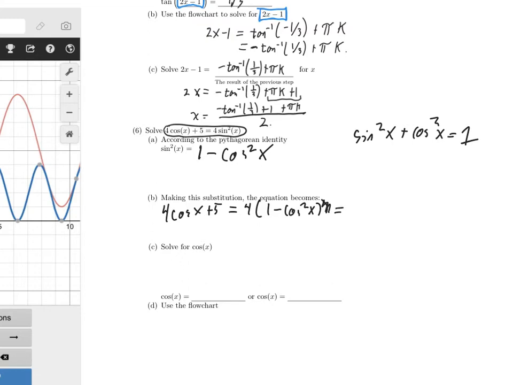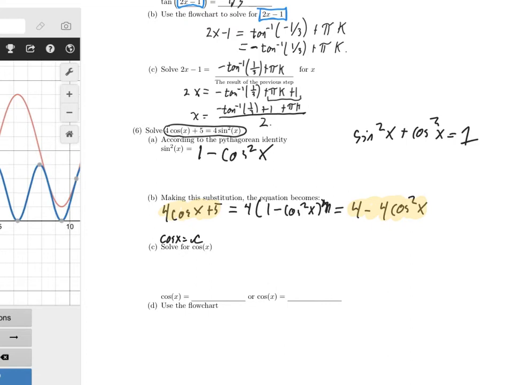Distributing the right-hand side, I'll get 4 minus 4 cosine squared x. And so I want to set this equal to this and see what the solution is. Well, if I want to follow this model, I want to put everything on the same side. Maybe I'll put everything on the left-hand side, and I'll also set cosine of x equal to c. So let's see.